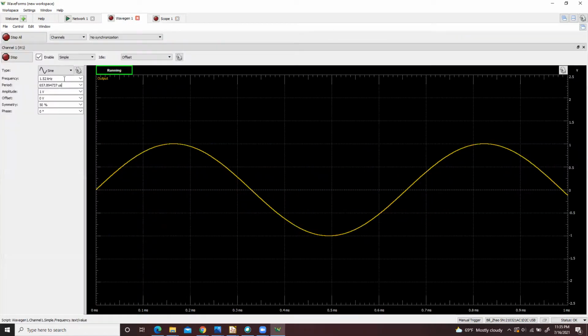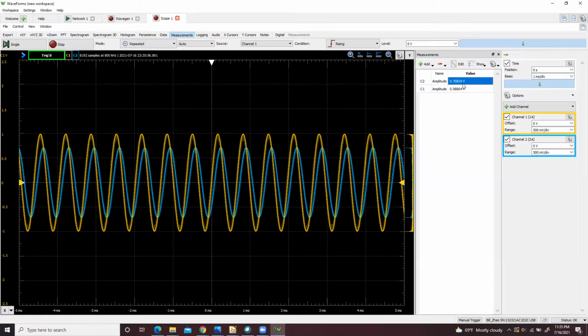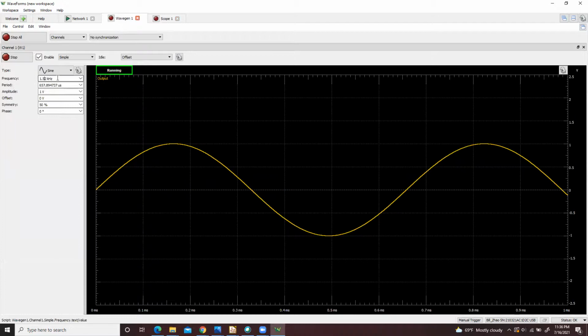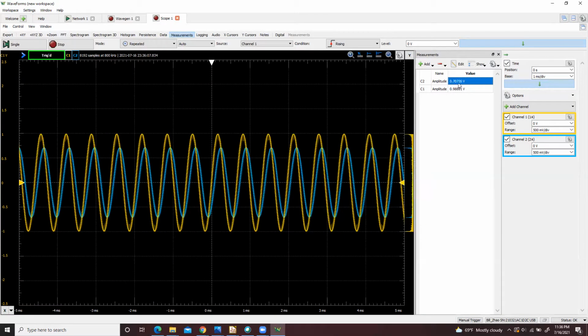Okay, so right now, this frequency is very close to 0.707 times input. So I can maybe increase a little bit. You see here, that should be close enough.